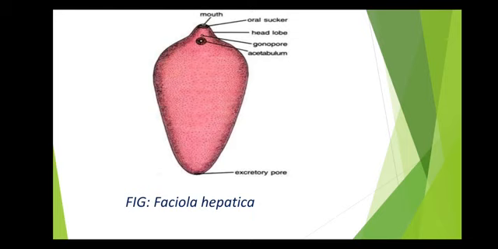Adult Fasciola hepatica is found in the liver and bile duct of sheep and goat, which are its primary host. The secondary or intermediate host is a pond snail. The fluke is hermaphrodite, but there is cross fertilization. It causes a disease known as liver rot or fasciolosis.